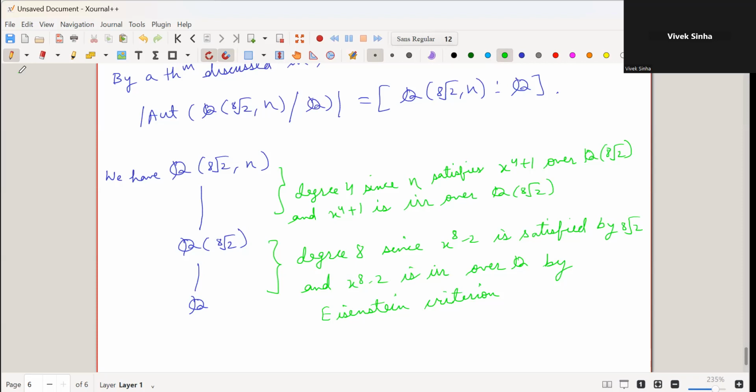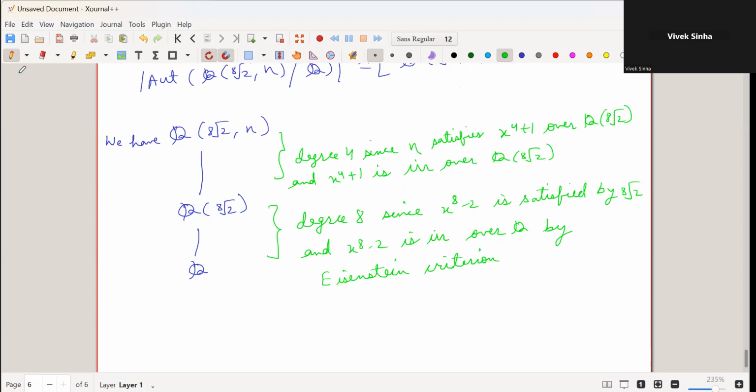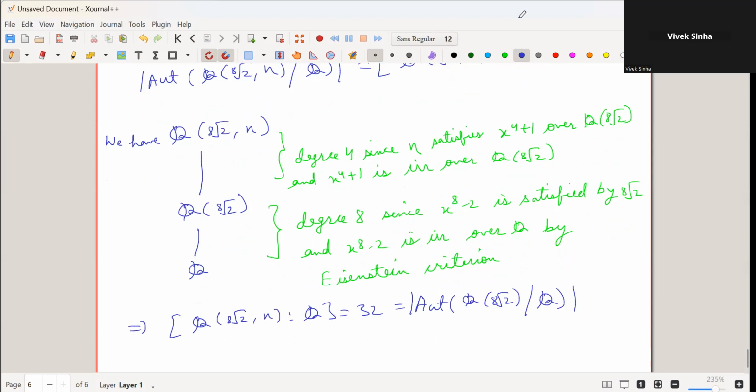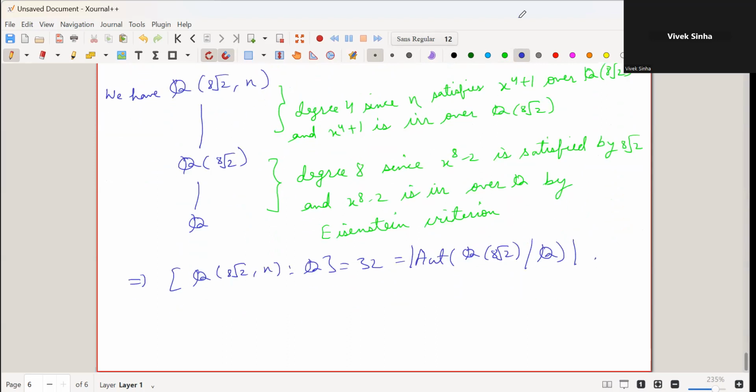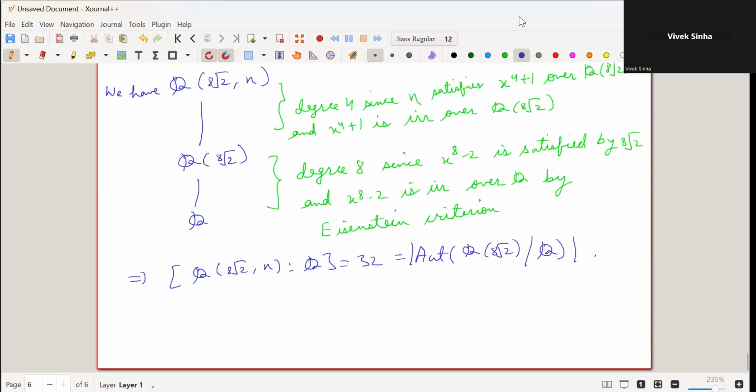So this implies that the degree of the extension over Q is equal to 32, which will be the order of the automorphism group over Q. Okay, so that's why the order of the automorphism group is 32.